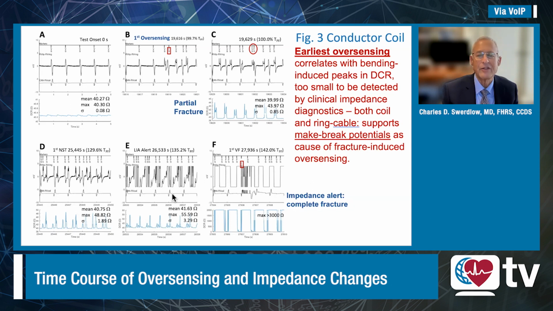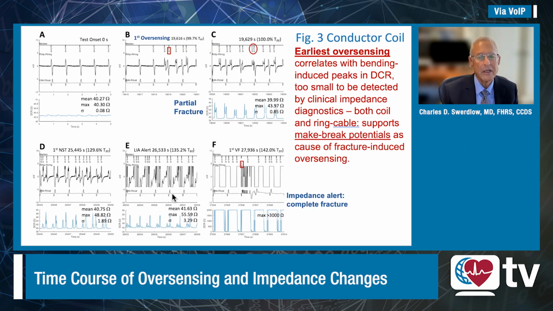And that discussion is something that Dr. Poole and I and others have contributed to over the years, of how to identify these electrograms, and I think it's a bit beyond the scope of this paper. But the point is, there is an extensive literature on how to separate fracture-induced electrogram abnormalities from other types, and when that happens, we should not wait for impedance alerts.